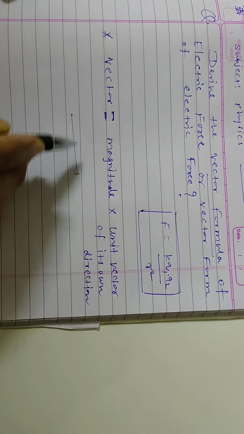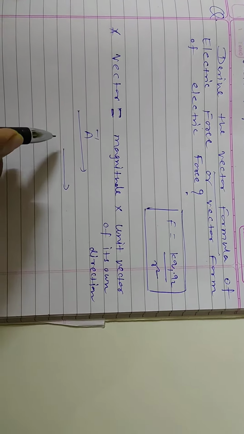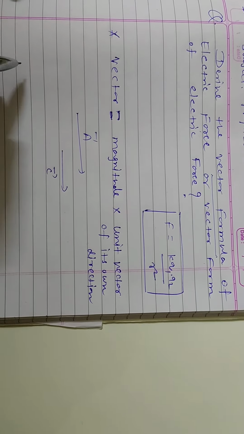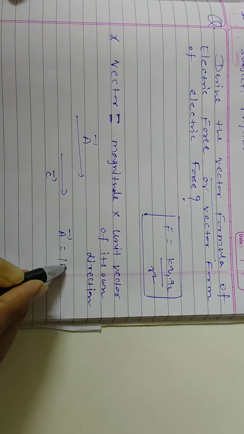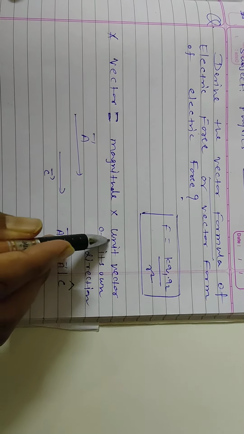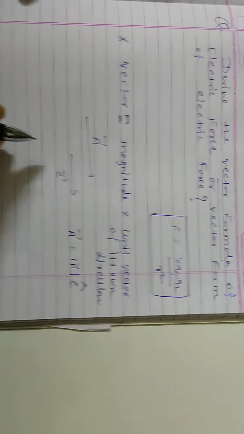Suppose that is vector A and the second vector, which is in the direction of A, is vector C, then we can write vector A equals mod of A into C cap. Cap represents which vector? Unit vector.